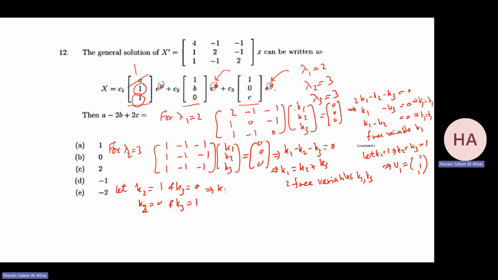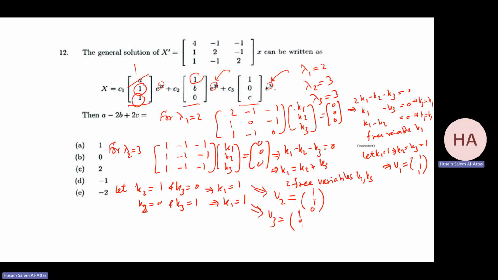So that implies K1 is 1. This is what I have. I have K1 here 1 and K3 is 0. So this is V2. This implies V2 is 1, 1, 0.